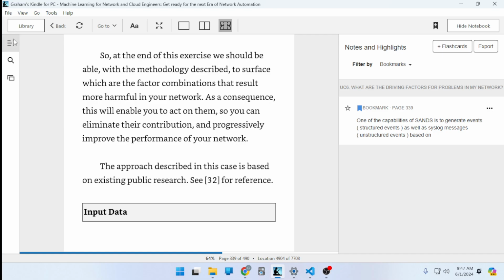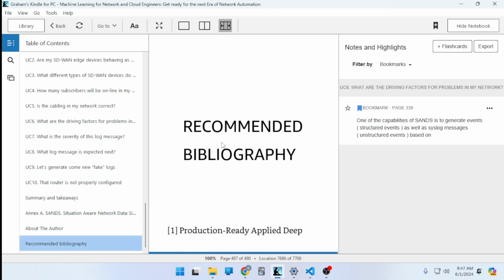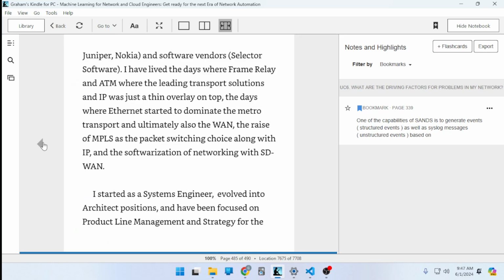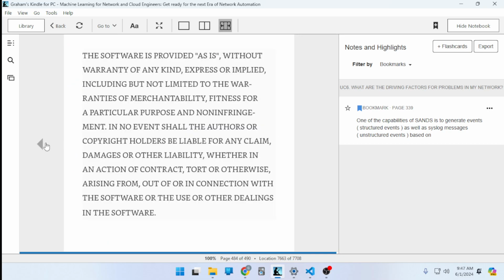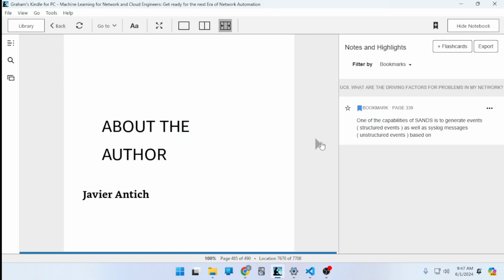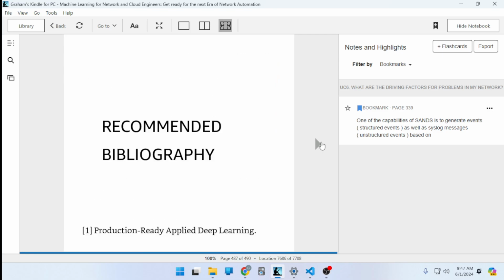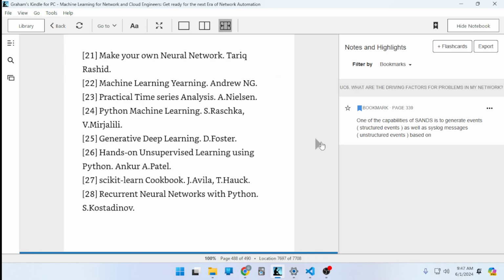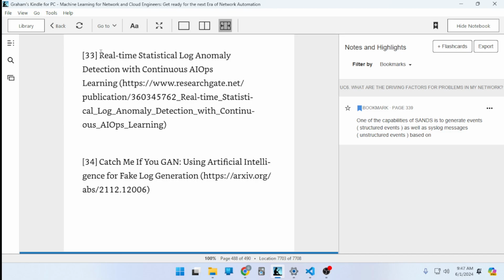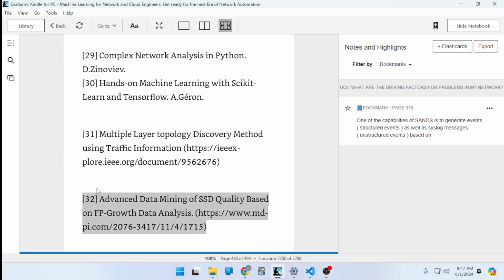Oh, it's 32. Well, it looks like 33 is a better hit. Nothing else is labeled the same way. Yeah, so it's definitely 32. It does look like 33 is a better hit though: real-time statistical log anomaly detection. But anyways, let's look at 32.